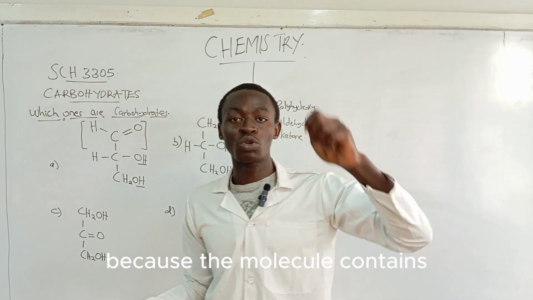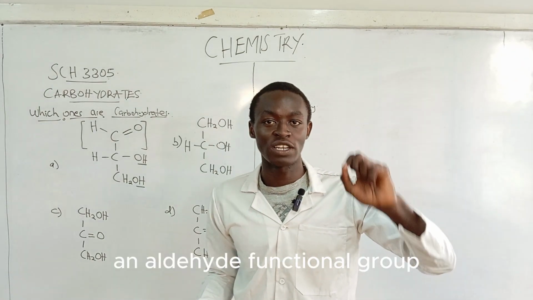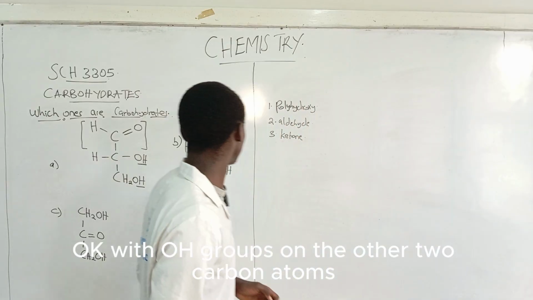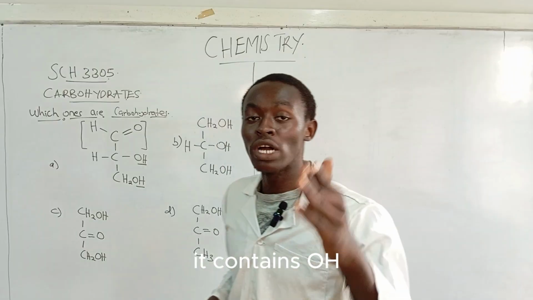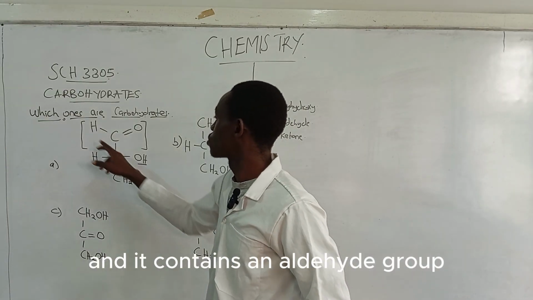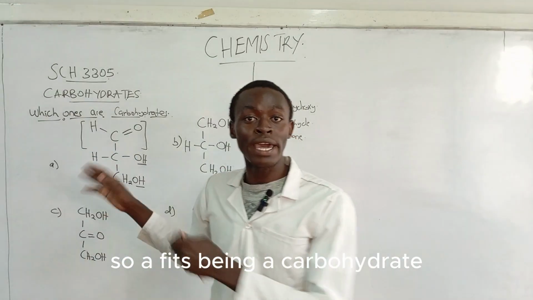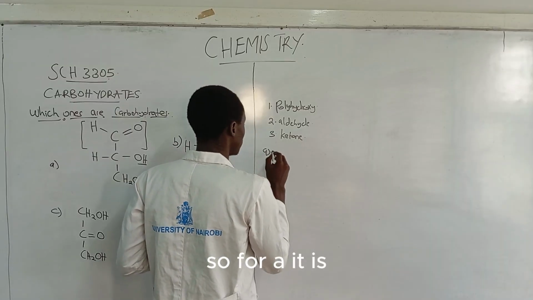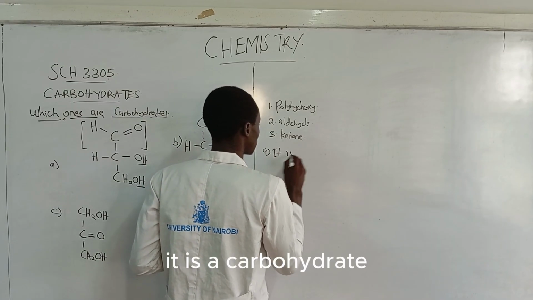Because the molecule contains an aldehyde functional group with OH groups on the other 2 carbon atoms, which is this one and this one. So A fits being a carbohydrate.